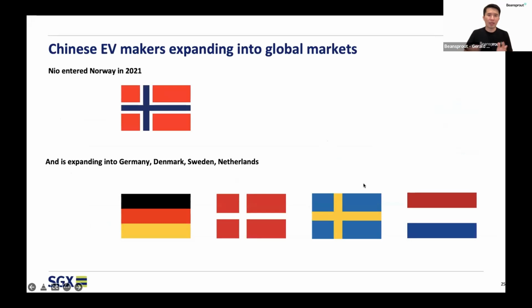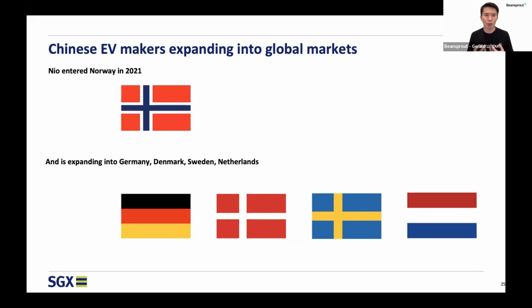Okay, so we talked a lot about the Chinese market. The other interesting trend to take note of is that the Chinese EV makers are also expanding into the global markets. So they are not only wanting to sell in China, but they are also trying to sell the EVs in overseas markets. NIO, once again, would be one of the leaders in this. They entered Norway in 2021, and they are also expanding into other markets such as Germany, Denmark, Sweden, and the Netherlands.